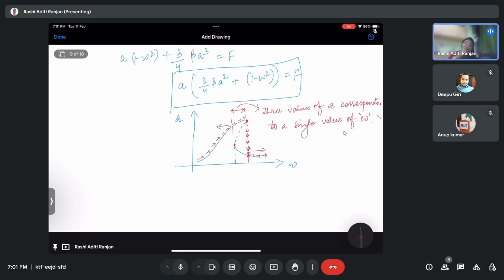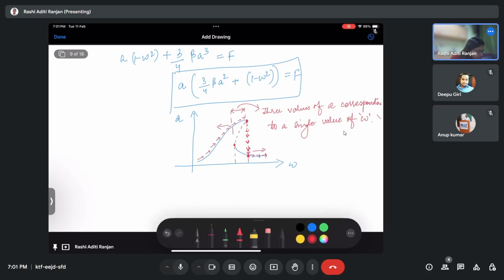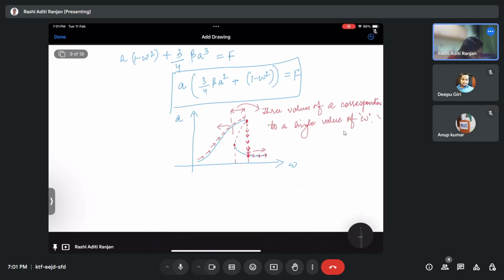The same is going to happen if we go from a higher value of omega to a lower value of omega, right? In that case, my system will follow this path. After reaching this point, on further decrement of omega, it is not going to follow the path, but it is actually going to jump up like this, and then it will start decreasing.